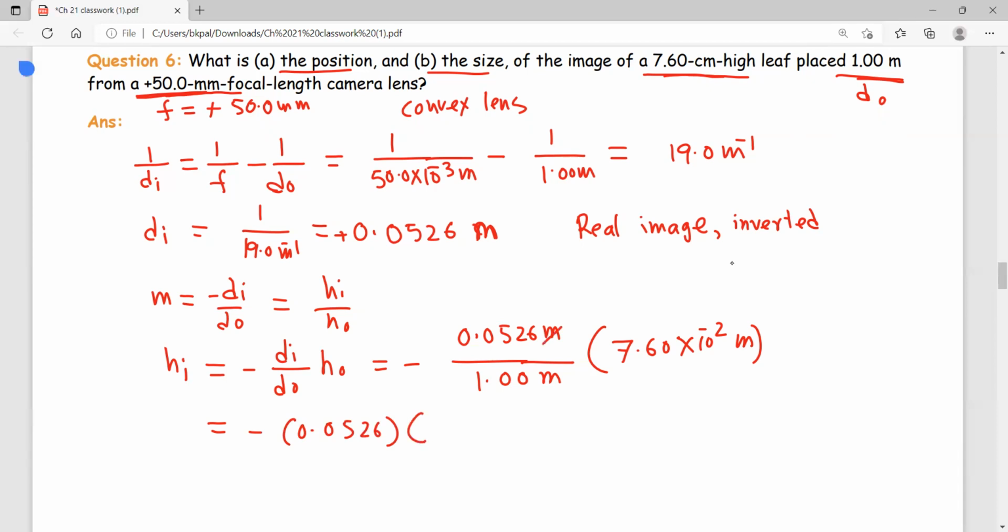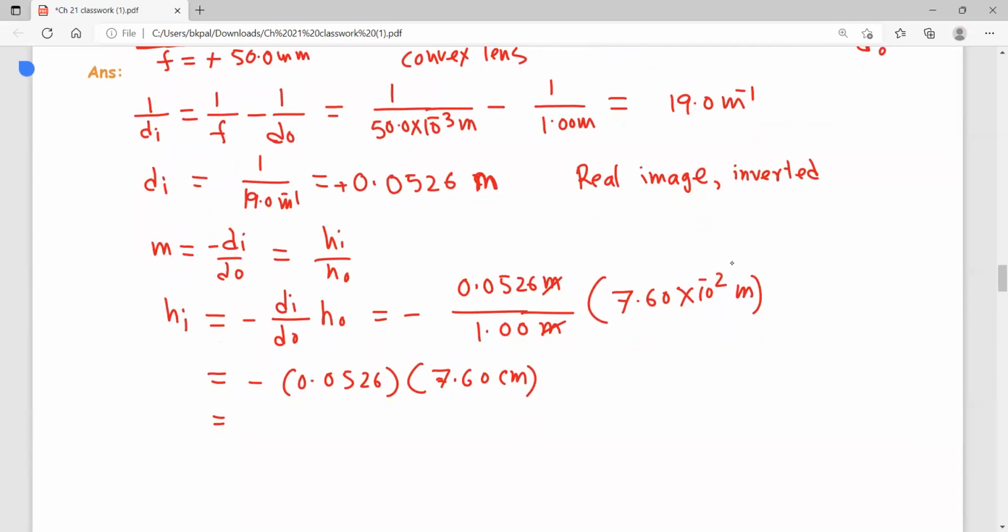The meter cancels out, so we don't need to convert if I want to keep it in centimeter. You are free to do that either way. Let me keep it in centimeter because the object height is given in centimeter, so I calculate the image height in centimeter.